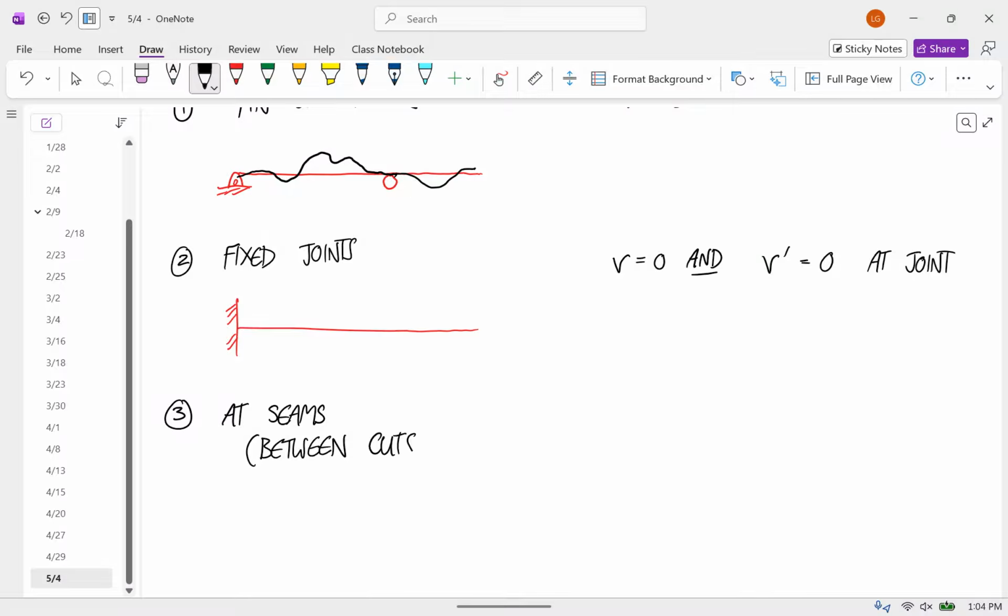I don't really have a way to draw a picture of this, but at the places where a left cut joins to a right cut, the deflection of the left part has to match the deflection of the right function. And the slope using the left function has to match the slope using the right function at the seam.